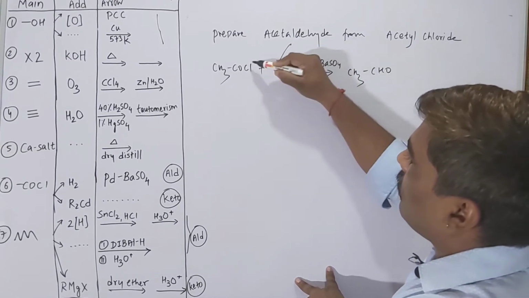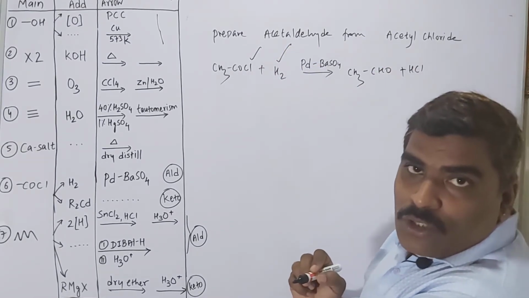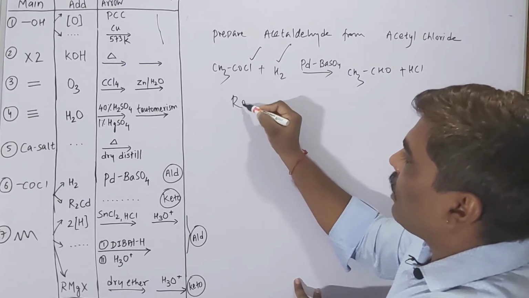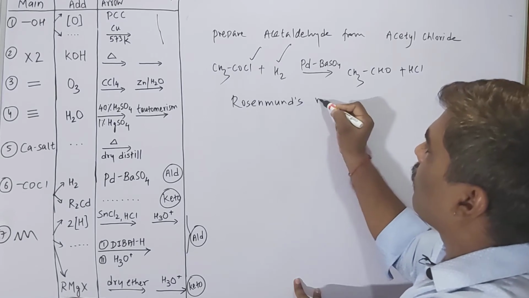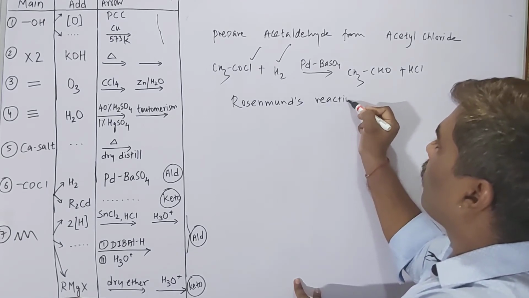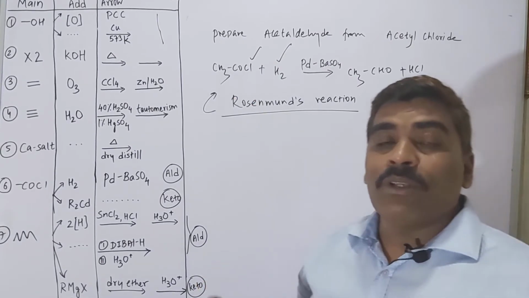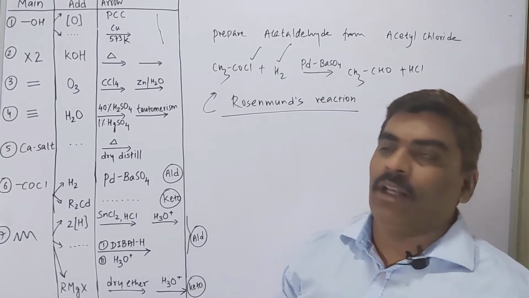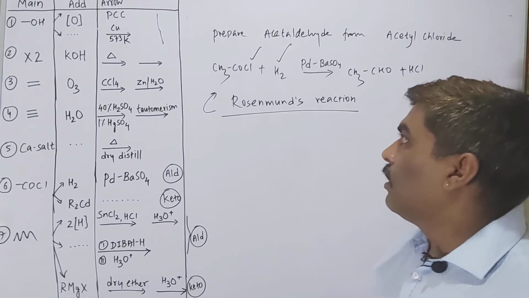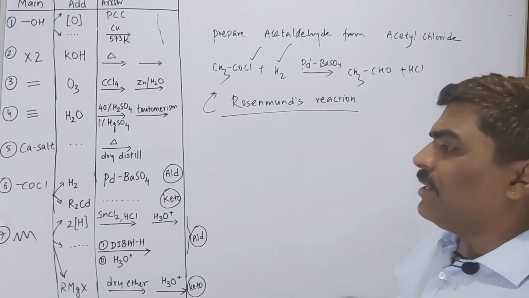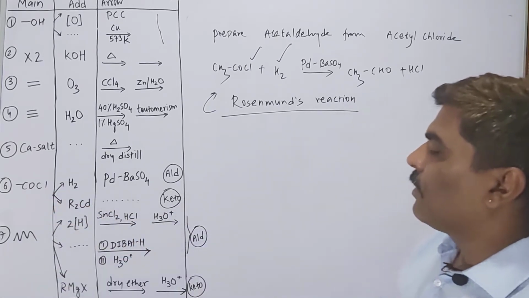This H and Cl, HCl is given out, and this reaction is known as Rosenmund's reaction. Two very important reactions, you know, one was Stephen reaction, another is this Rosenmund's reaction. So this way we can write, very simple. It is like we saw this COCl, even we got cyanide in this.